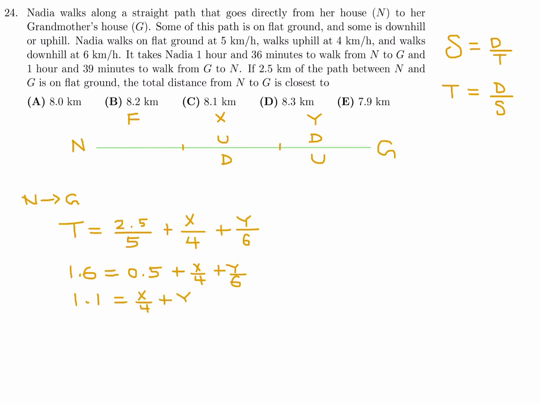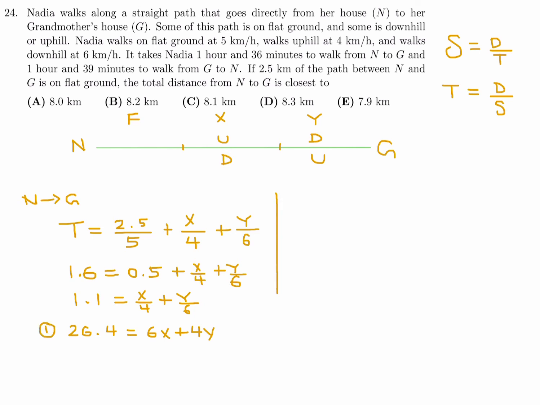Then multiply through by 24 to get rid of the fractions, and I get 26.4 equals 6x plus 4y. And this is equation 1.